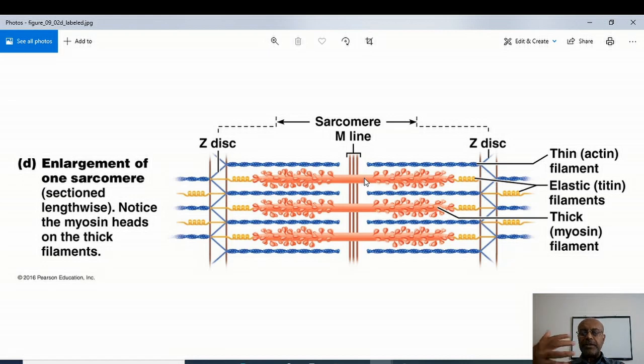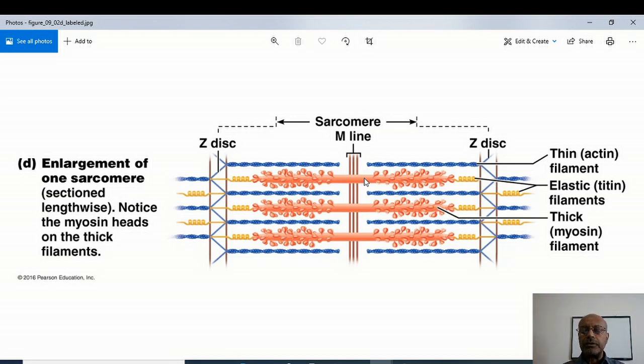If we assume my fingers of my right hand represent thin myofilaments, and my fingers on my left hand represent thick myofilaments, and they are interlaced like this as you see on the sarcomere, then contraction takes place when they slide past each other, and relaxation takes place when they slide like this. So relaxation, contraction, relaxation, contraction.